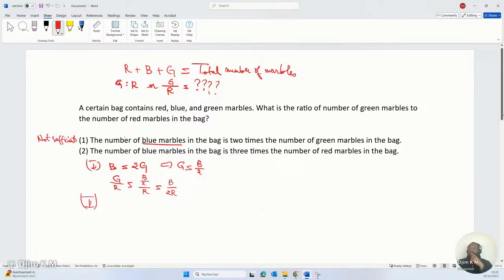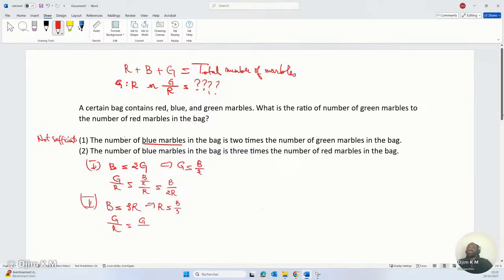Second condition: the number of blue marbles in the bag is three times the number of red marbles, three times R. So this will be the same reasoning. We are looking for G over R. This can lead us to say that R is equal to B over 3.